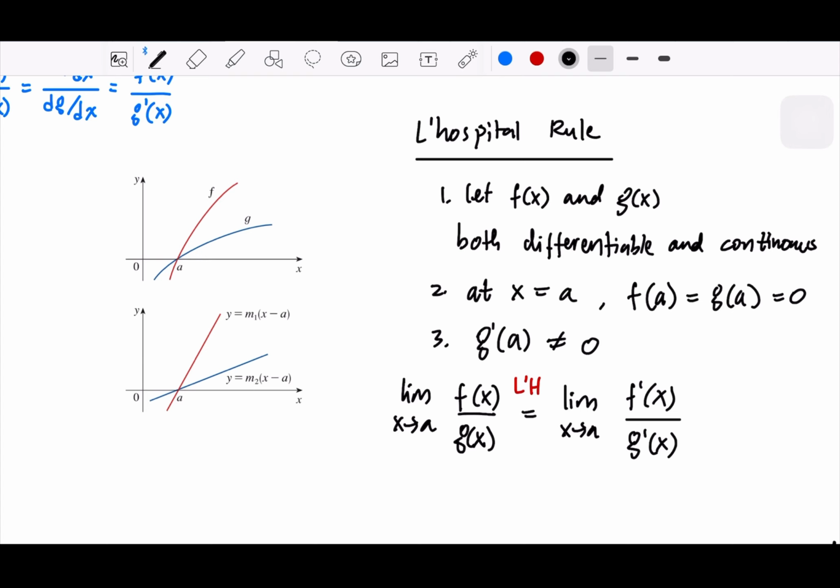But remember to check the limit if it is 0 over 0, okay? Or infinite over infinite, that's also possible. Because 1 over 0 is infinite. So infinite over infinite also can be possible.